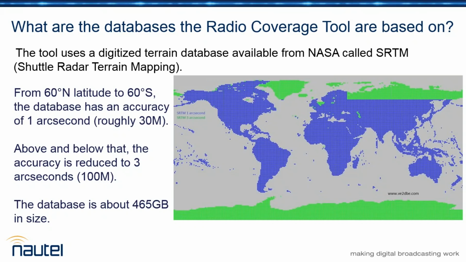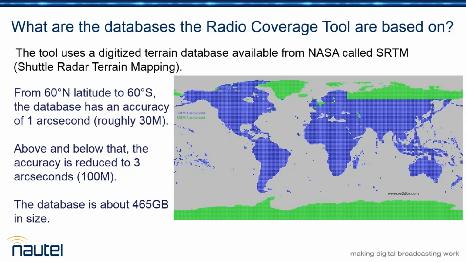From 60 degrees north latitude to 60 degrees south latitude, the database has an accuracy of 1 arc second, which is roughly 30 meters. That means that every 30 meters in any direction, the SRTM data knows the altitude of that site above or below sea level.